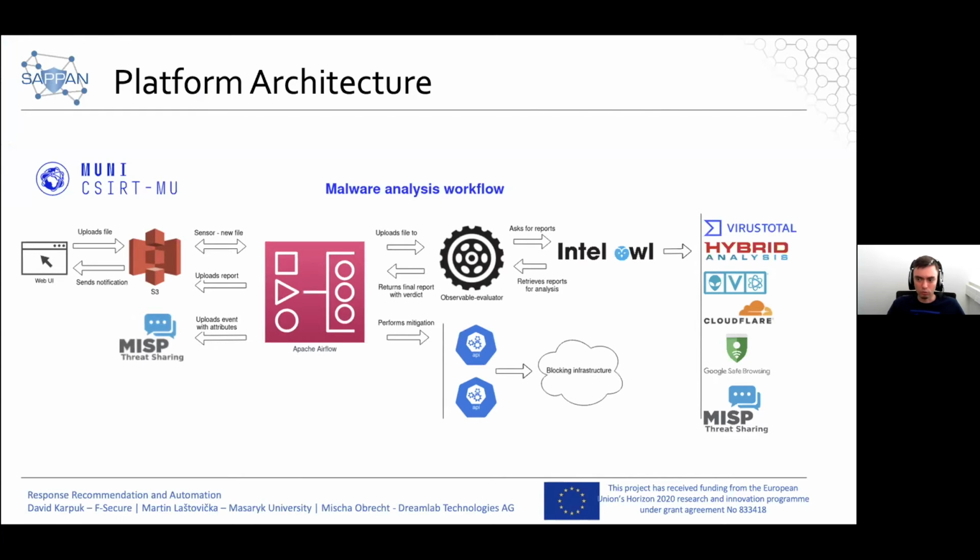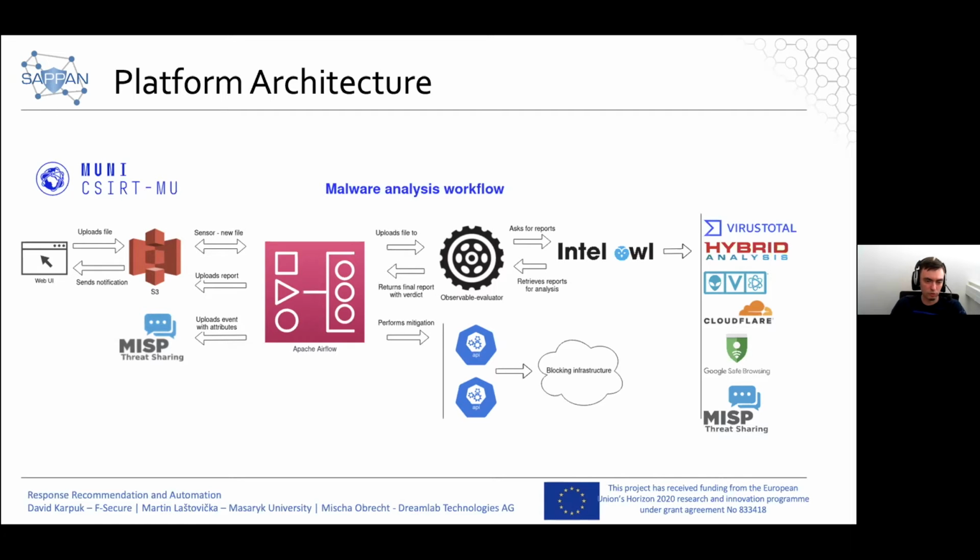The whole automation process starts when a human analyst wants to investigate a suspicious file. For example, when a user reports a suspicious phishing attempt or suspicious email with an attachment. The analyst gets the file and needs to do a quick investigation whether the file is a malware sample or some benign file that looks suspicious.